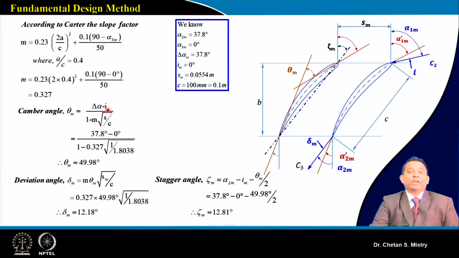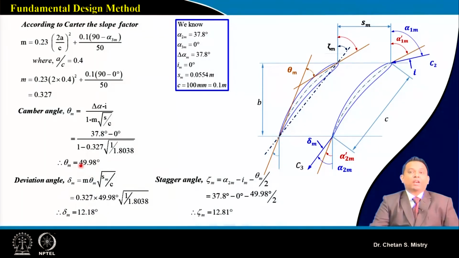In the case of my rotor, we take delta beta, and this is my incidence angle. Let me tell you, at the mid station for the stator, we are assuming our incidence angle to be 0. So this is 30, and if you put this, it will give me my deviation angle.